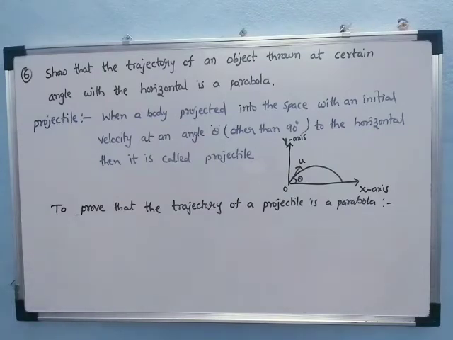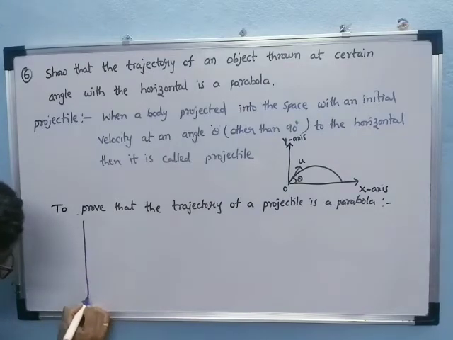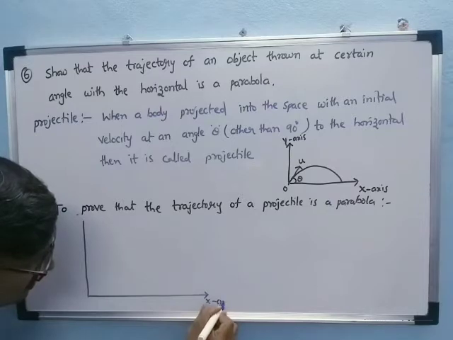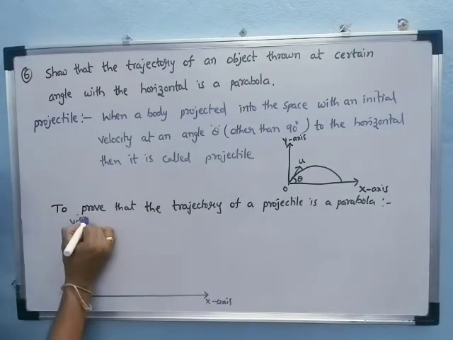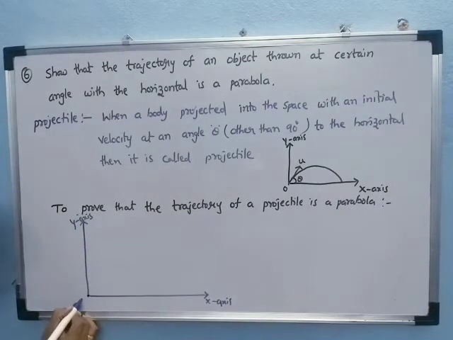See, let us consider we can draw here the x-axis and y-axis. So this will be considered the x-axis and this the y-axis. Now initially the object is at the origin.